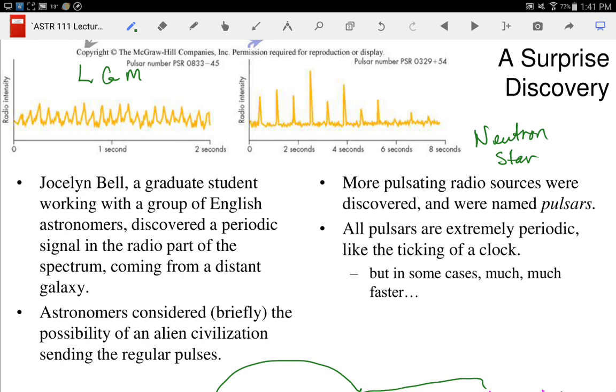And it turned out stars are too big for light to travel across the star during this period. And so that left them with neutron stars as the only option. So the conclusion is it must be a neutron star that is spinning.